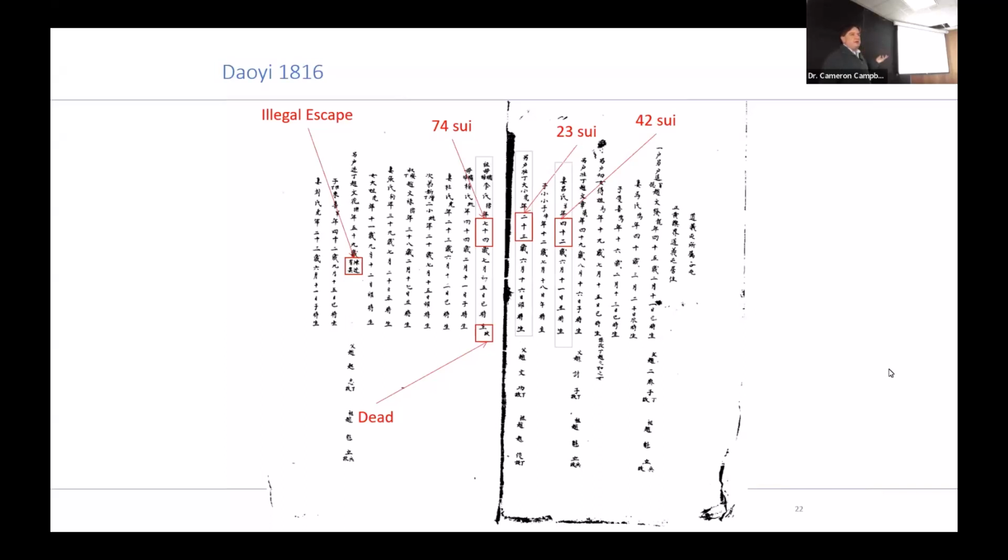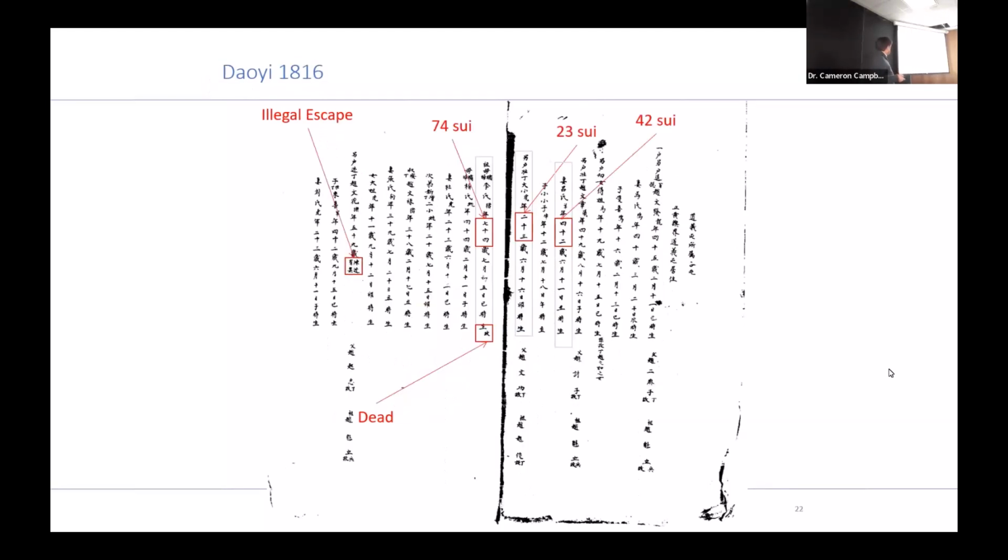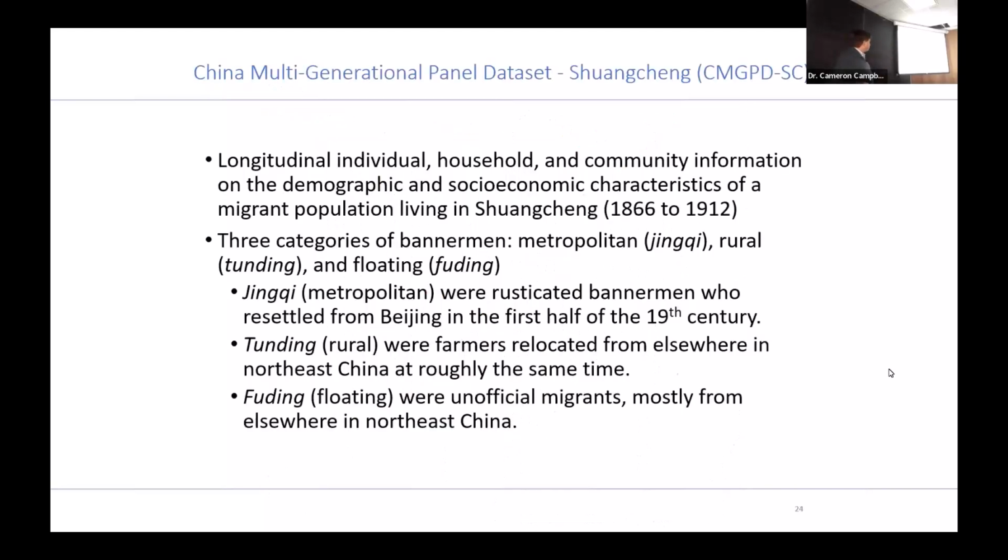So it's almost like a nickname. And then we have some events. If you can read Chinese, you could compare these original pages and see how people move in and out and so forth.